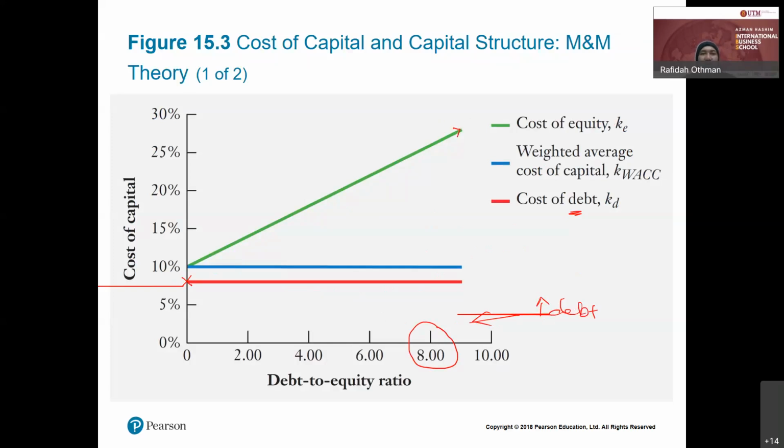Why? Because investors will expect higher return for common stock with respect to the risk of bankruptcy, meaning that the higher the debt here, the higher the risk of bankruptcy. So investors for common stock will expect higher return, and the cost for you to issue this equity will become higher as well.